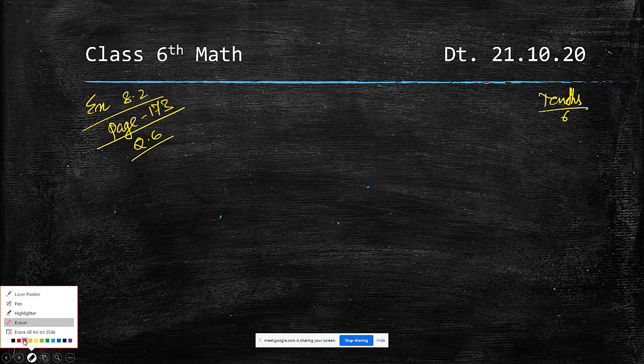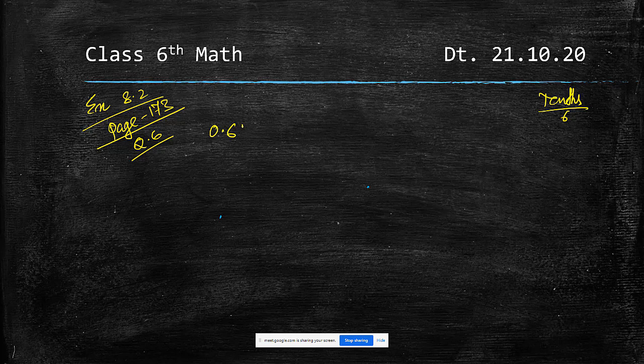We will write 0.06 as 0.00 is less than 0.06 is less than 0.10. Understood? We have to take into account the tenths place number only, not the hundredths place.